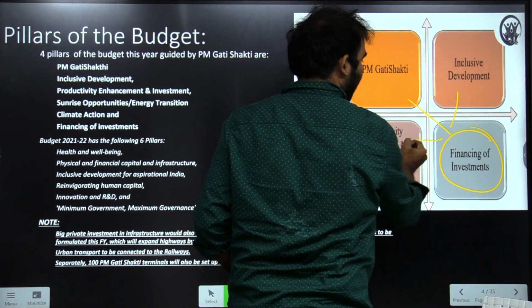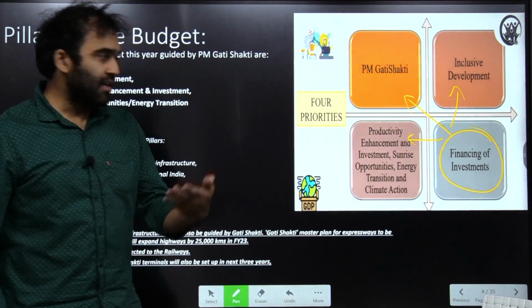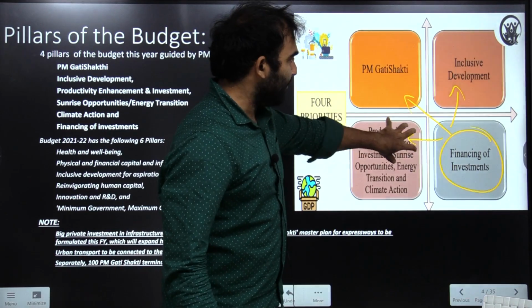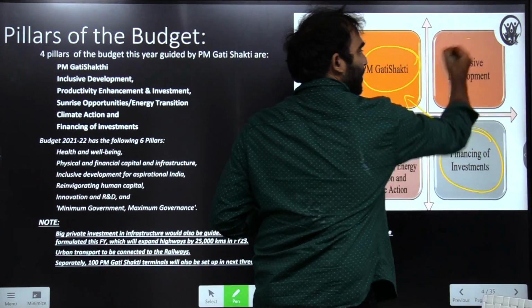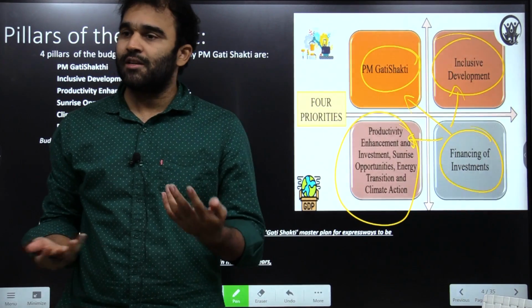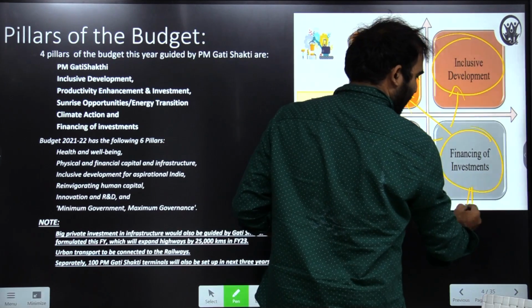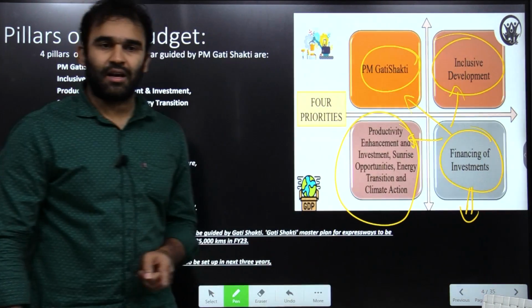Financing of all these investments. All these areas are of such a nature that you require huge investments. So obviously, where is the money? That aspect is focused upon on your fourth pillar of the government.